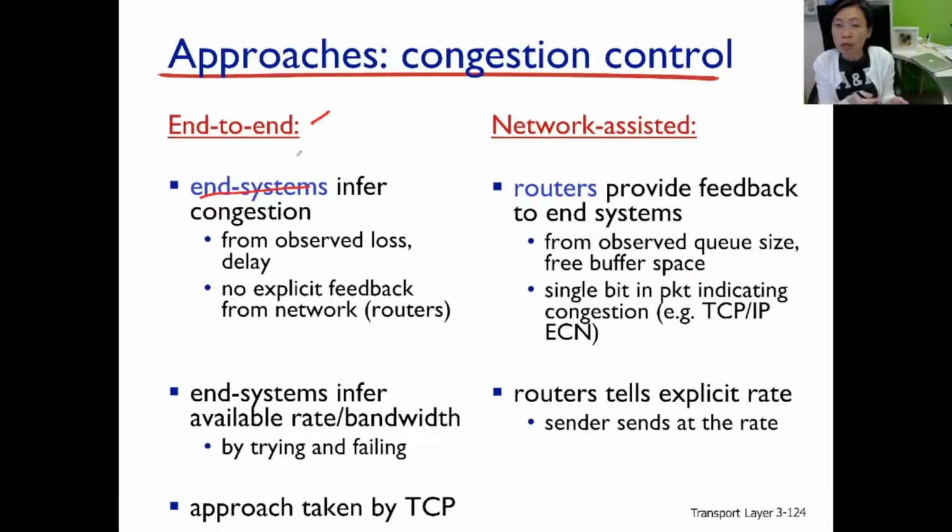So receiving duplicate ACKs is a way of detecting if there's a loss, or the sender side can simply time out and then retransmit. That's also a signal of detecting there's potentially a congestion inside the network. So that is, observing the loss occurring, inferring there's a congestion.